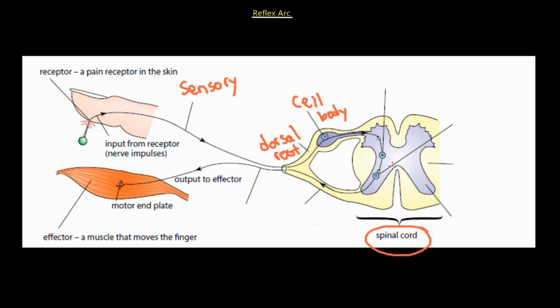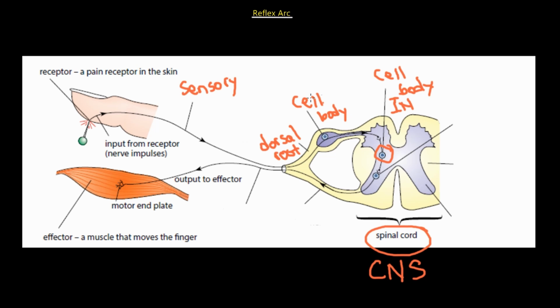Now the signal is obviously going to be passed on to the intermediate neuron, as we talked about before. This has already reached the central nervous system, because the spinal cord is part of the central nervous system, and the signal is going to be transmitted by the interneuron. So that's the cell body of the interneuron, IN, I'm going to label it.